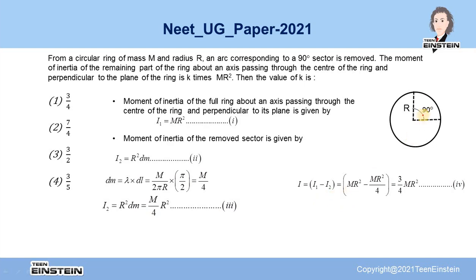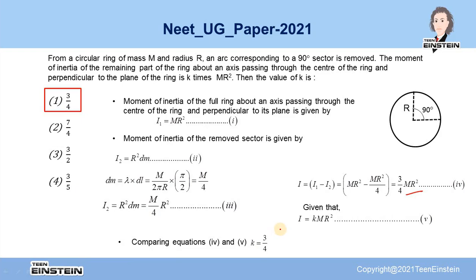So the moment of inertia of the remaining part of the ring is found to be I1 minus I2 is equal to 3 by 4 MR squared, and in the problem it is given as k into MR squared. Upon comparing these two equations, we can find that the value of k is 3 by 4, and hence the first option will be the correct answer for this question.